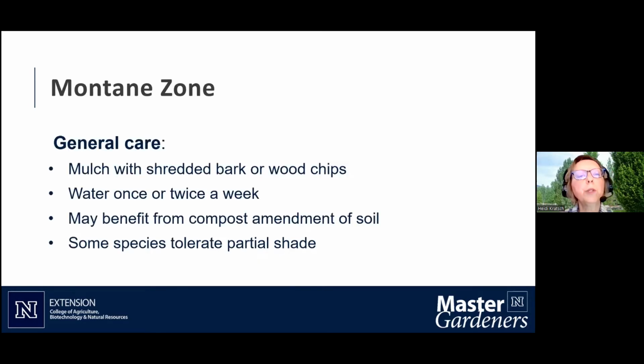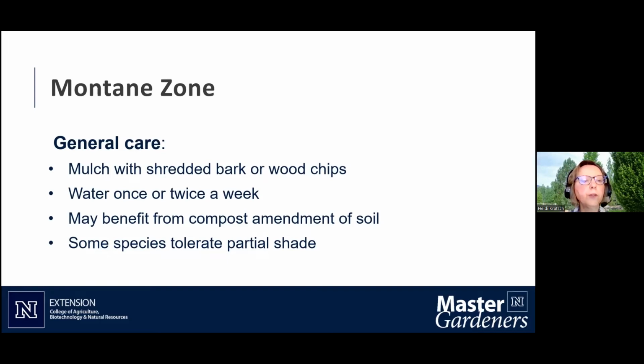So let's start with plants that are native to the montane zone. Plants in this zone are used to certain kinds of conditions, which we can replicate by making sure that we mulch with some type of organic material, such as shredded bark or wood chips. These plants like a little bit extra water, so we're going to be watering them during the growing season once or twice a week, again depending on what part of the state you live in and at what elevation you're at.